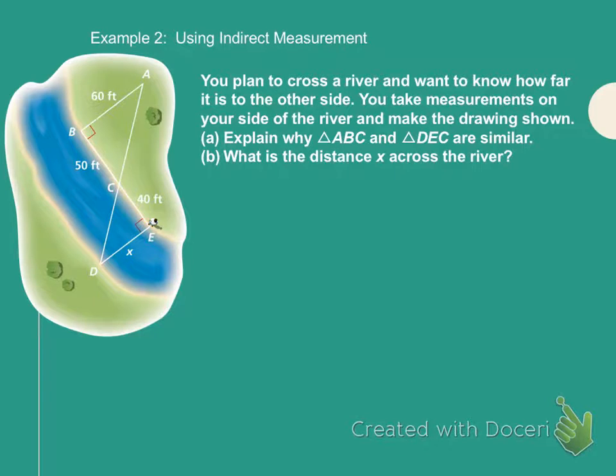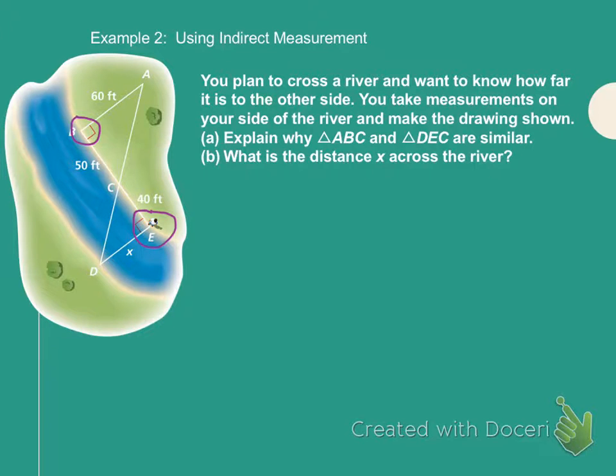So if you're looking here, you can see that angle B and angle E are both 90 degrees because they're right angles. So these two are congruent. B and E, we already know those are congruent. Because two angles in triangle ABC are congruent, then we will know that they are congruent. So let's look here. We have angle ACB and angle DCE.